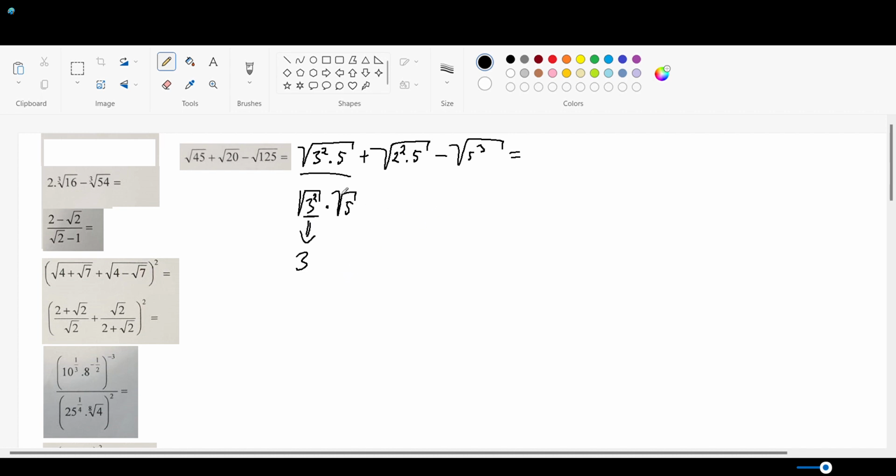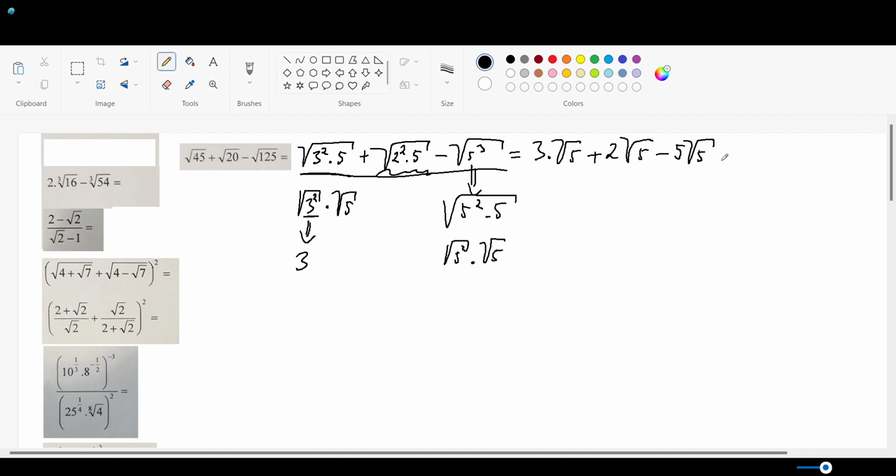So basically we can simplify our expression to 3 times square root of 5 plus, the same applies in this term, 2 times square root of 5, take away, and as we can see, this is 5 to the second power times 5, and the square root of this is square root of 5 squared times square root of 5, which can be simplified to 5 times square root of 5.